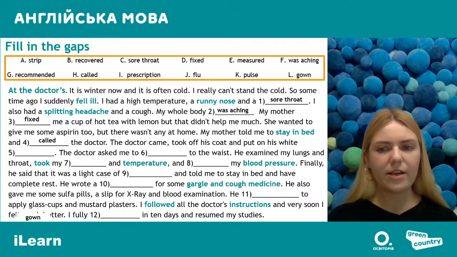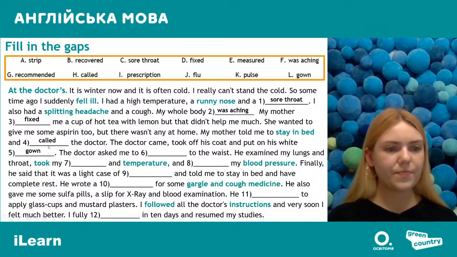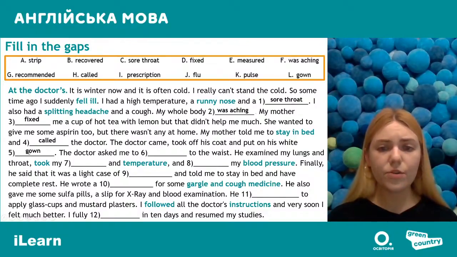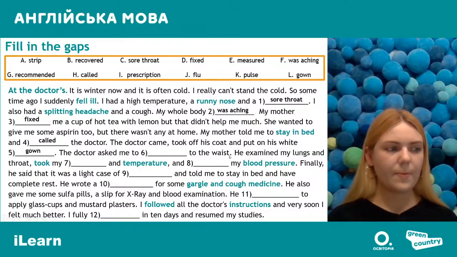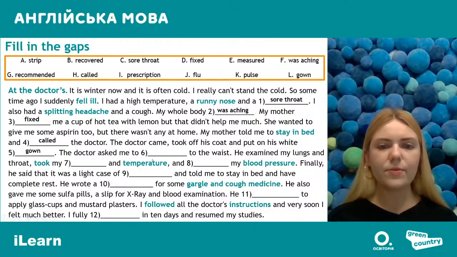So he put on his white. And in 5, we'll have his white gown. So gown, it means одяг, костюм, халат в даному випадку, white gown. The doctor asked me to the waist. In number 6, we need роздягнутись.